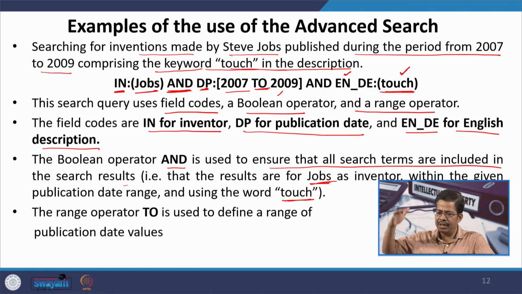Otherwise, first you will get, let us say, 100 outcomes of this search string, and then you have to manually see how many of the 100 belong to Steve Jobs, not some other Jobs. 2 is again a range operator for defining the time period.